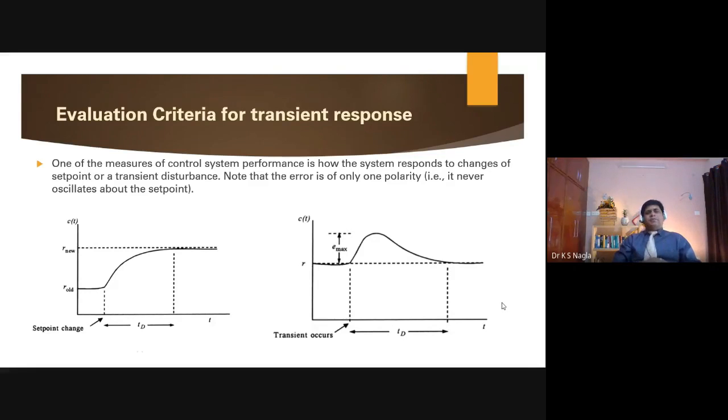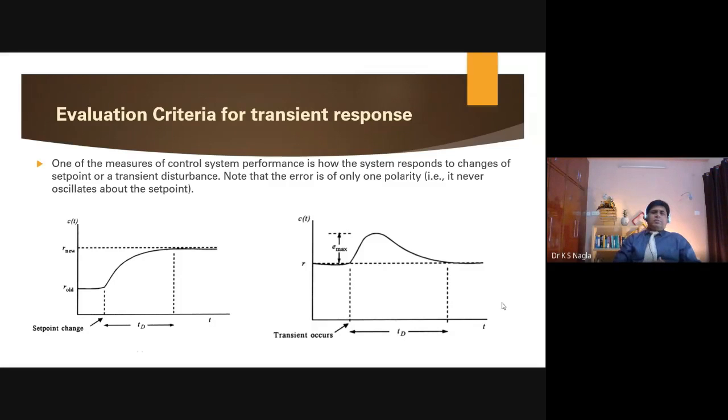Now there are different evaluation criteria. In the transient response, you will find out how much time it takes to come to the steady state. By tuning and analyzing the system, you can give different sets of signals. You can change the value from the old reference to the new reference immediately, and you will evaluate how fast the process is rectified.